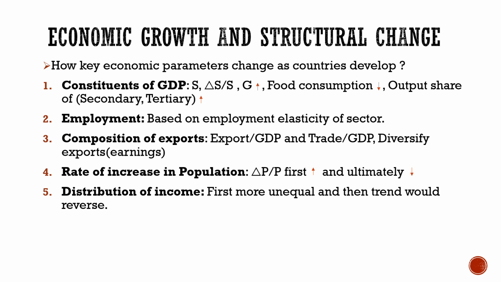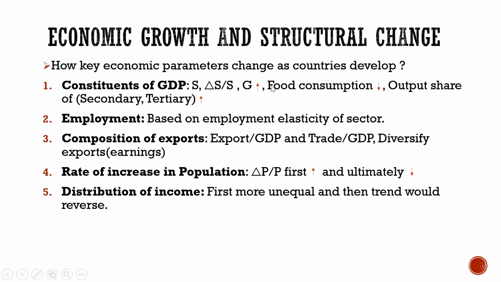With the structural change, there is change in savings and the growth rate of savings. So change means there would be positive change. The savings will be increasing, the growth rate of saving will be increasing. G for government expenditure. Government expenditure will increase with the increase in revenue.